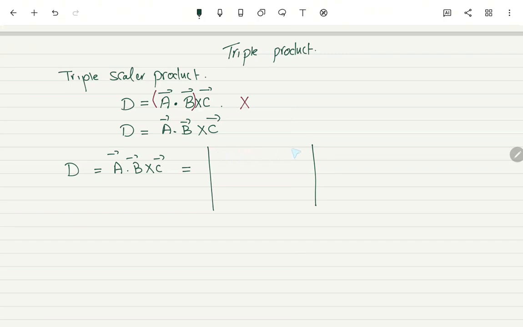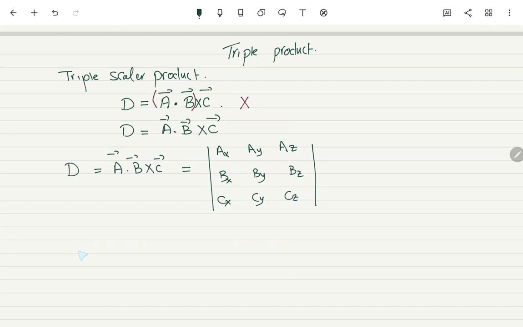The first row here is the components for the first vector, which in this case is AX, AY, AZ. Now the second row is the components for the second vector, BX, BY, BZ, and the third one CX, CY, CZ.